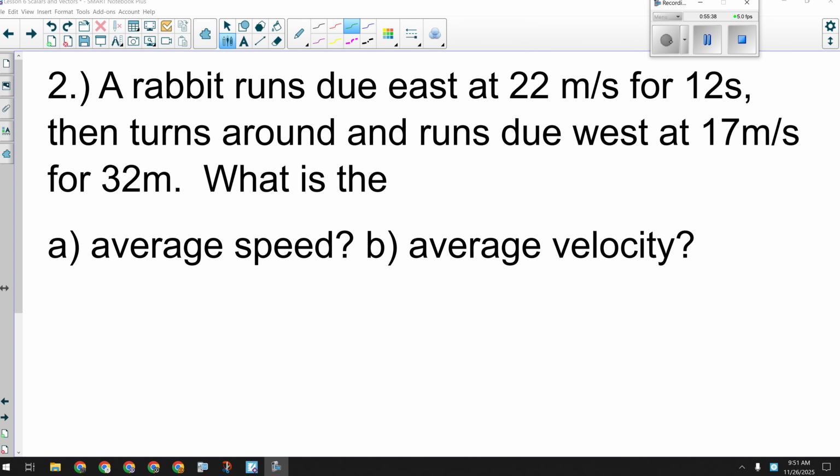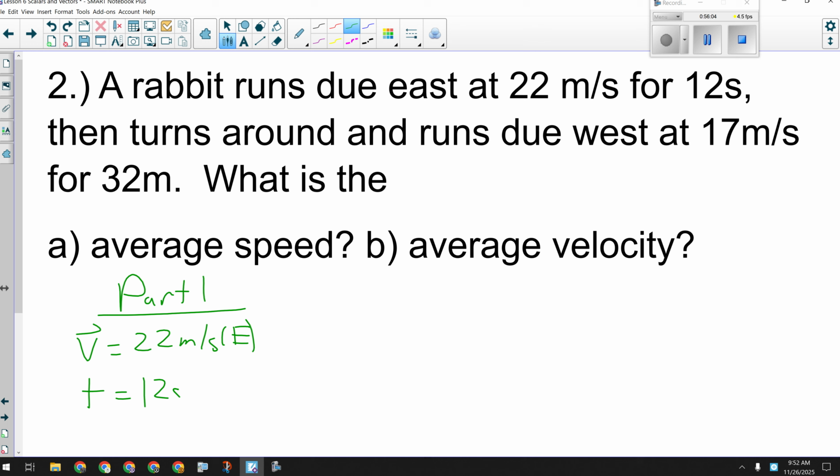I'm going to set up the givens here just so everyone can have a look. We know there's two parts. In part one, the rabbit runs at 22 meters per second due east. So they gave us a velocity for part one, and it tells me that it did that for 12 seconds.